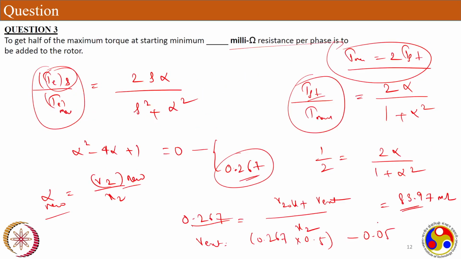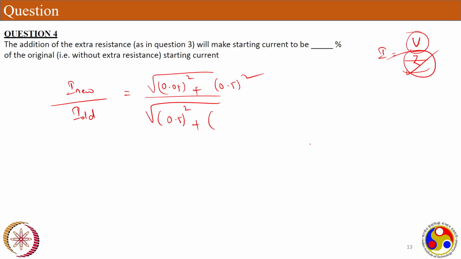The total will be this one, 0.083 plus 0.05. How much is it? 0.05 plus 0.08397, that is 0.1339. This is the total new resistance now.